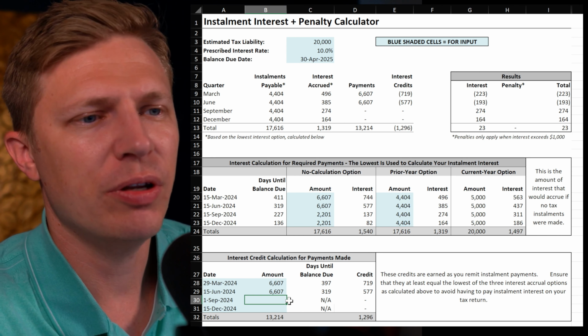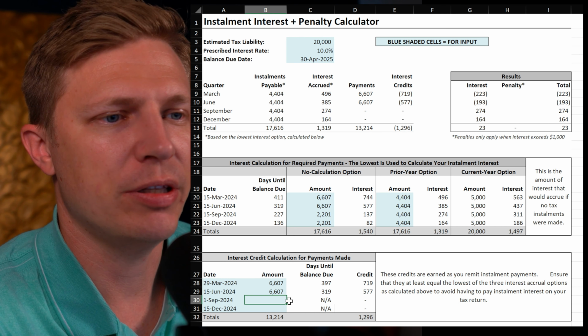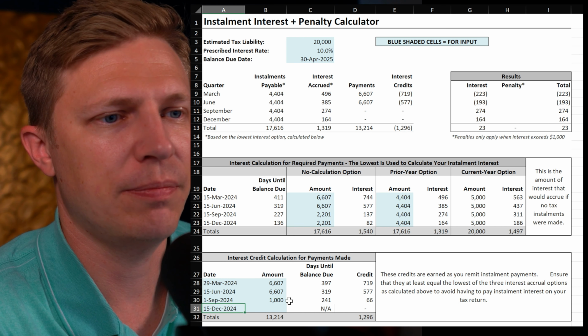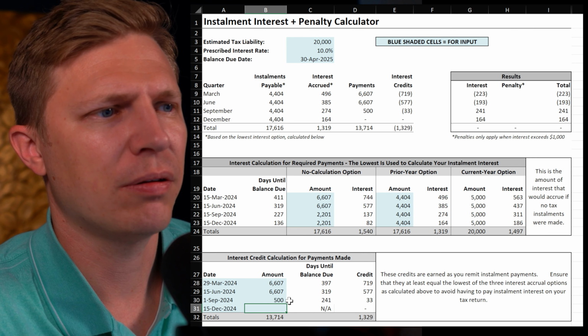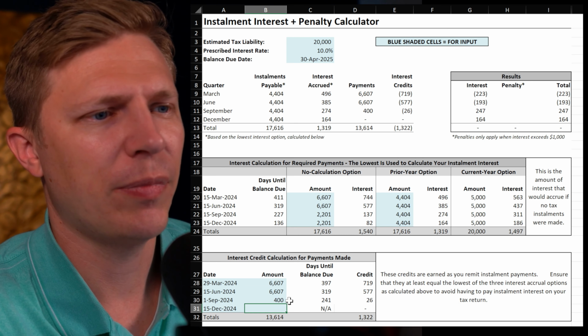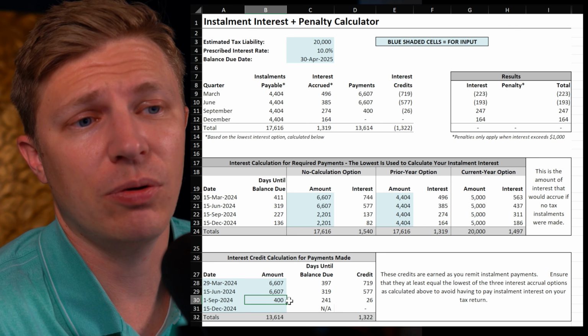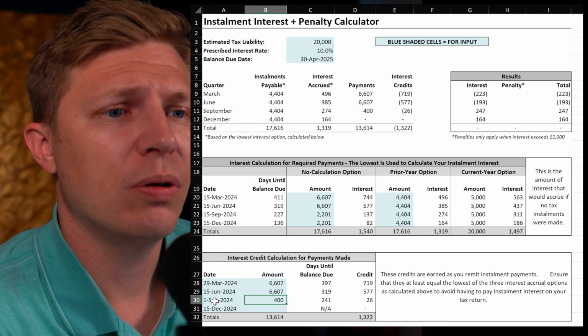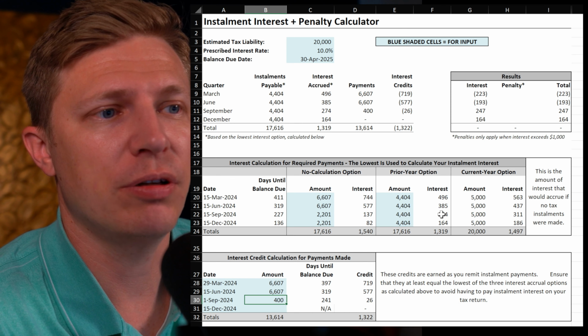So you can start playing around with this to say, how much do I really need to remit in September? Let's just say it's 1,000. That's all you'd have to do, and then you're done for the whole year. So payment date, payment amount. It's important as you're trying to figure all this out.